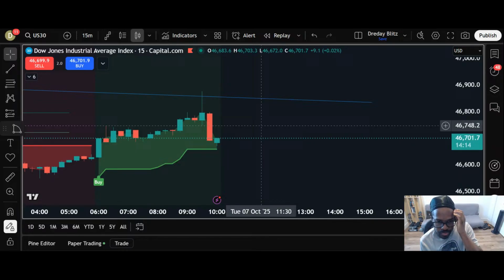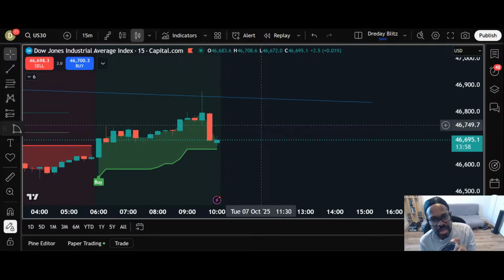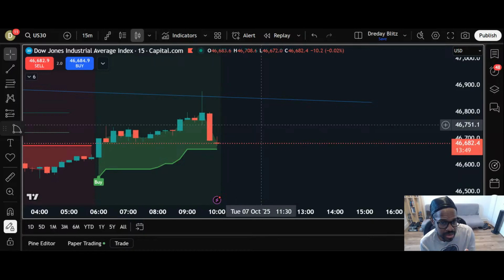And the calculation for the amount of money per tick depends on whether you're trading an e-mini or a micro e-mini. Like I said, the micro e-mini is a lower cost per tick compared to the e-mini.